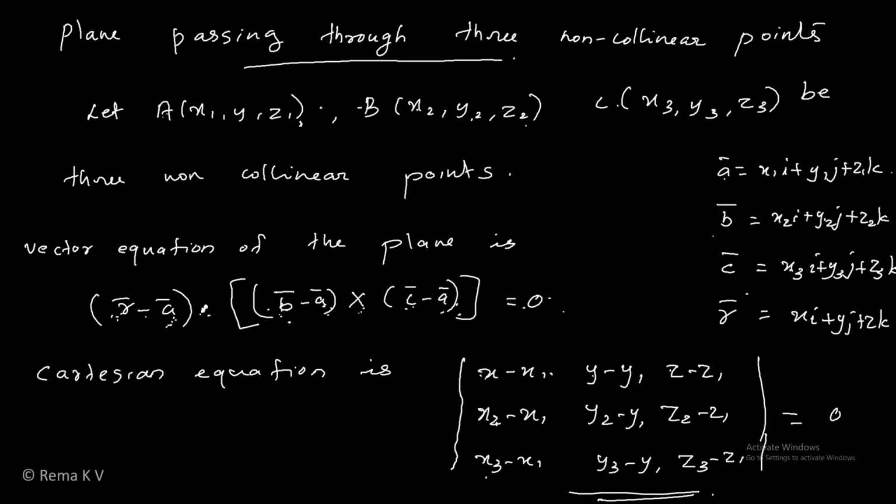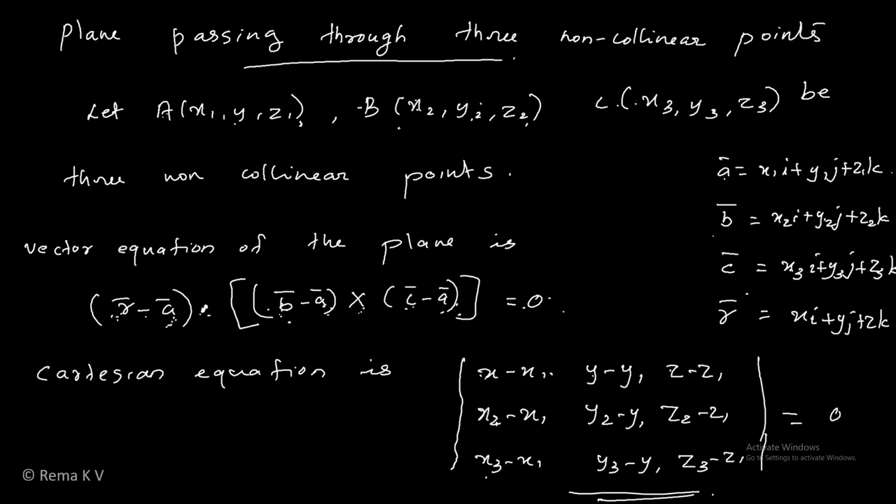The direction ratios of BC are x3 minus x2, y3 minus y2, z3 minus z2. If the direction ratios of AB and BC are proportional, then they are collinear points.